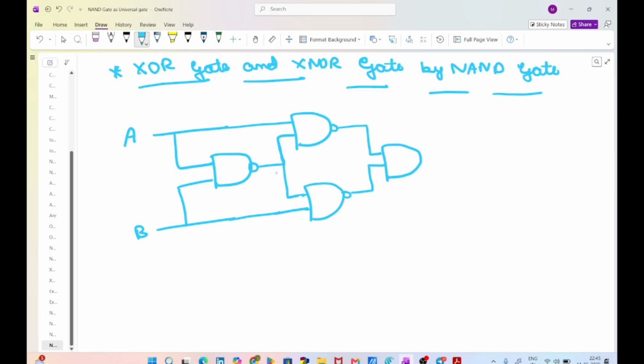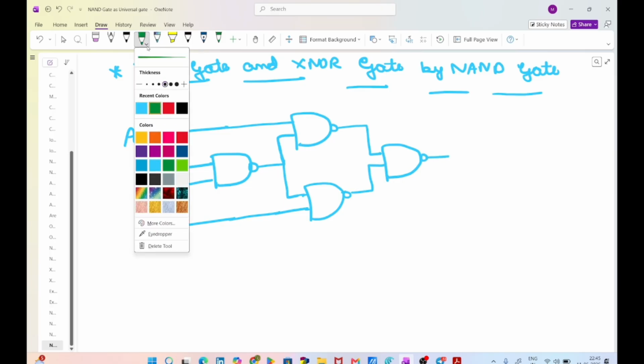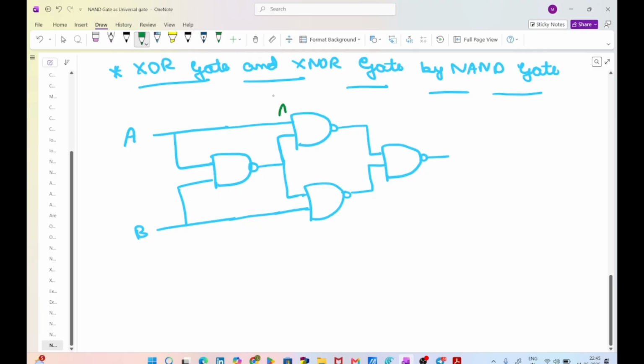Let us discuss the output. Here it is A, here it is A, B, but here it is B. The output will be A dot A B bar whole bar.